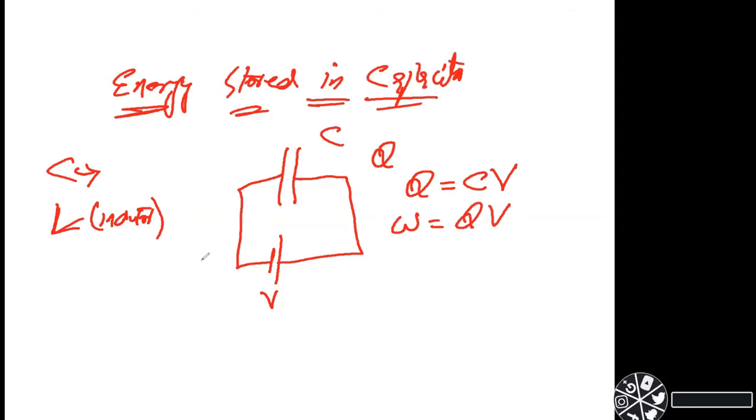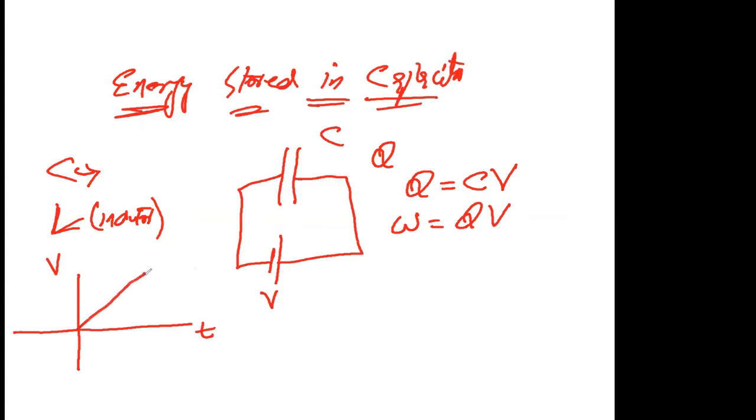And the area under the curve: if this is velocity and this is time, and let's say the curve is like this, then this area is the distance which this car covered. So this area will give you distance.